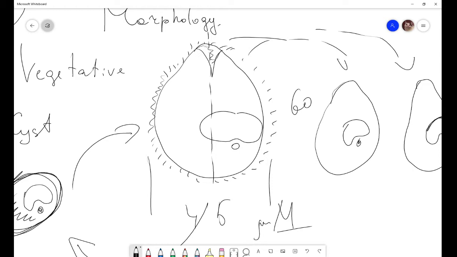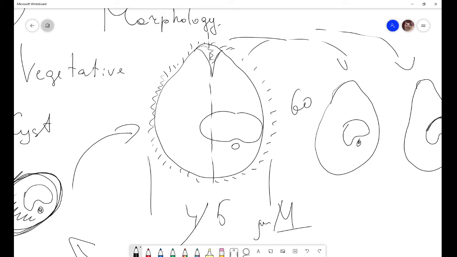Shape oval, anterior end pointed, posterior end rounded. Cytoplasm granular, full of food vacuoles. Cilia cover the body in the form of longitudinal spiral rows.